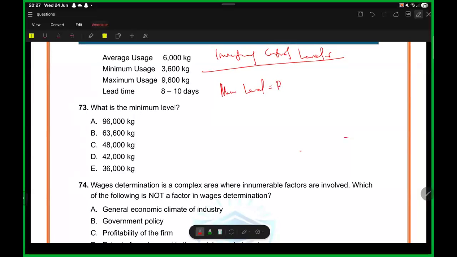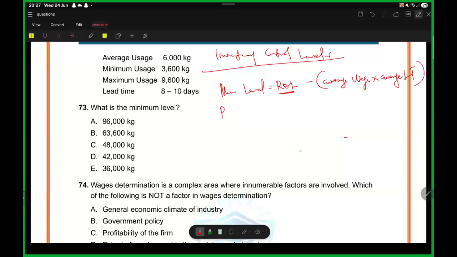It becomes your reorder level minus your average usage times the average lead time. But remember, we don't have the reorder level.